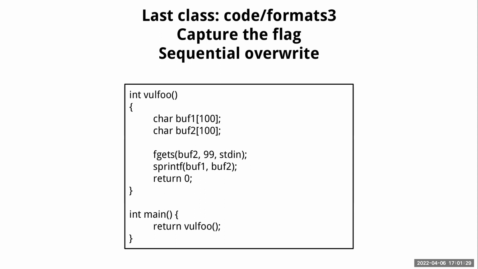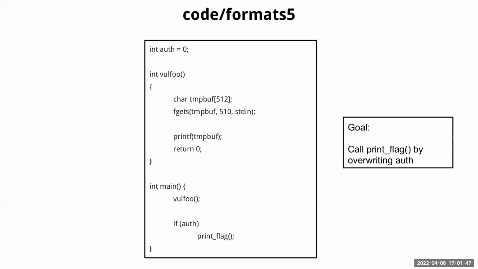But actually, format string vulnerability is more powerful than that. We don't have to do a sequential overwrite. We can actually overwrite any location in the address space, as long as that location is writable. So that's what we're going to do today.